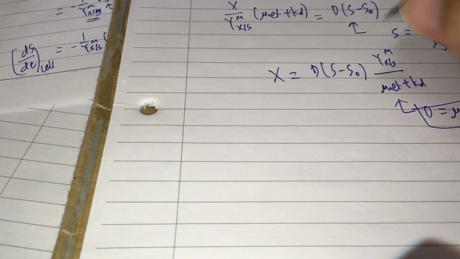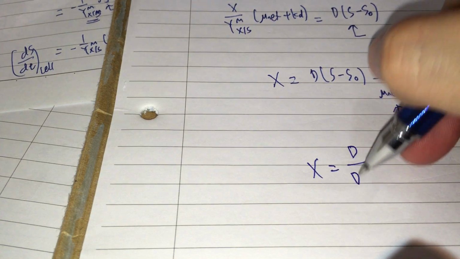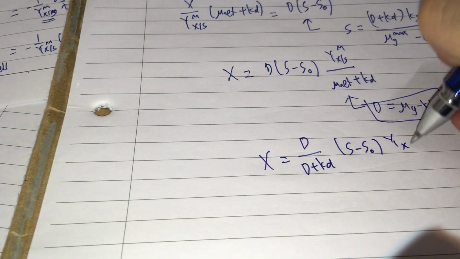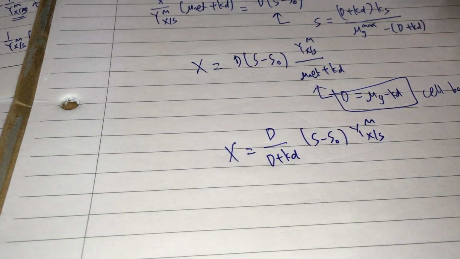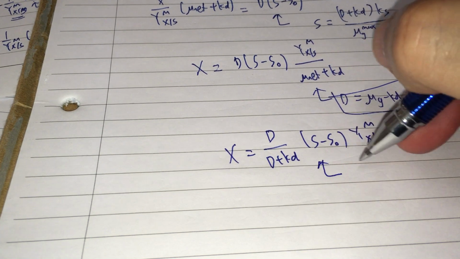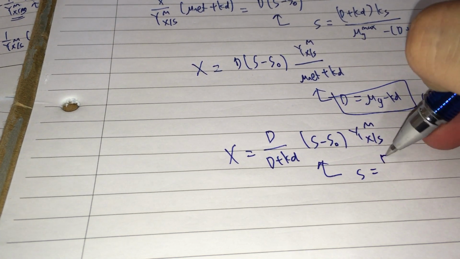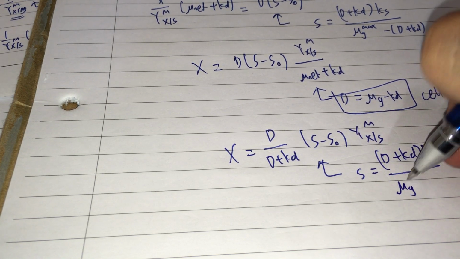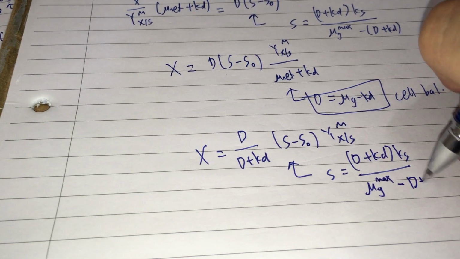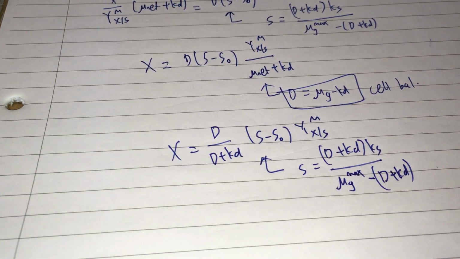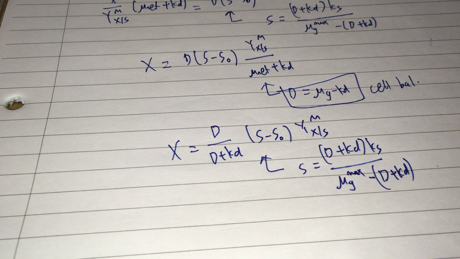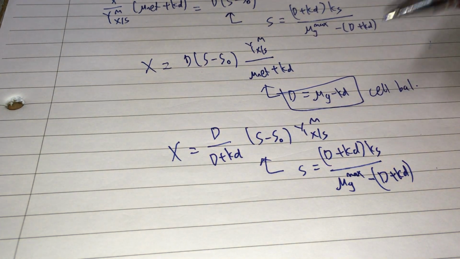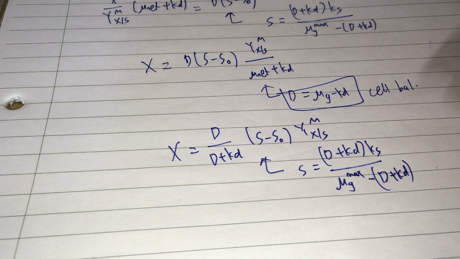So x equals D over D plus kd, times s minus s naught, times Y x by s maximum, where this s equals this long term here. Of course, you can actually just write everything into this equation, although it will look very messy. I'll probably just leave it like that.